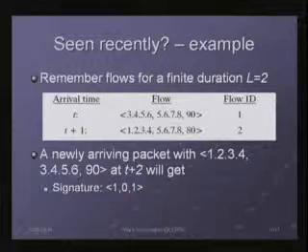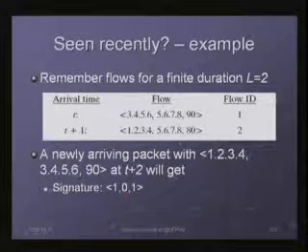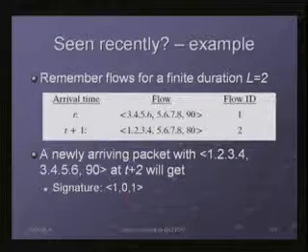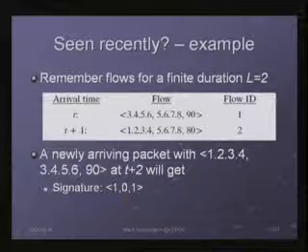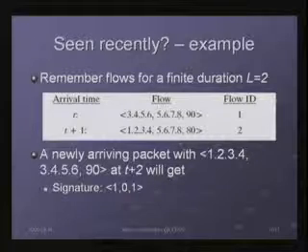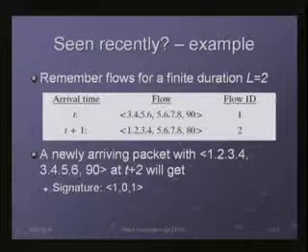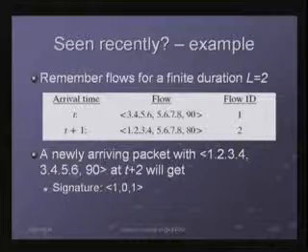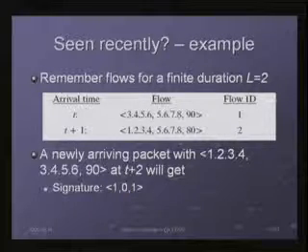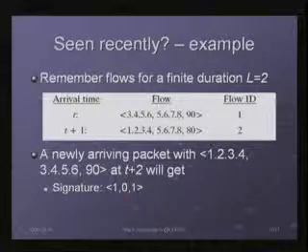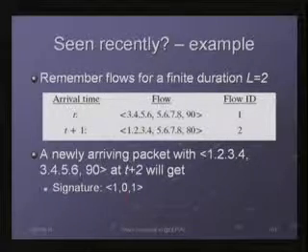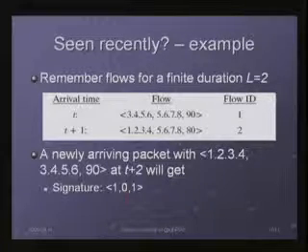So this is how the signature is generated. Suppose you got a flow at time t, and the source IP address was 3456, the destination IP was 5678, and the destination port number was 90. Let's call that flow 1. At time t plus 1, you see another packet with this flow information: 1234 is SIP, 5678 is DIP, 80 is DP. And at t plus 2, you get 1234, 3456, and 90.